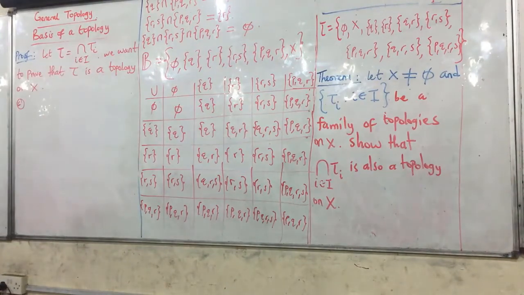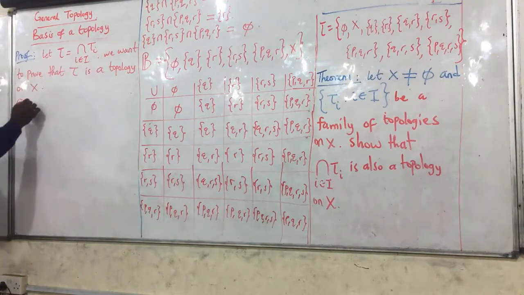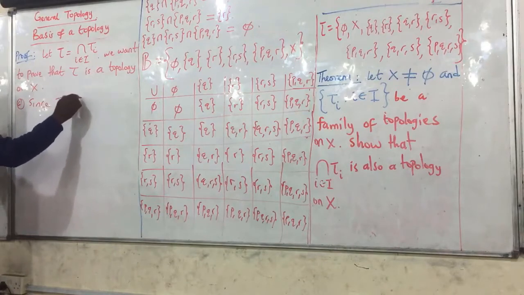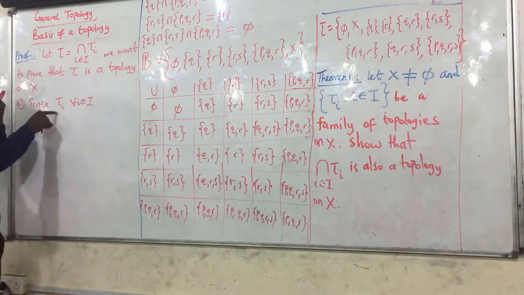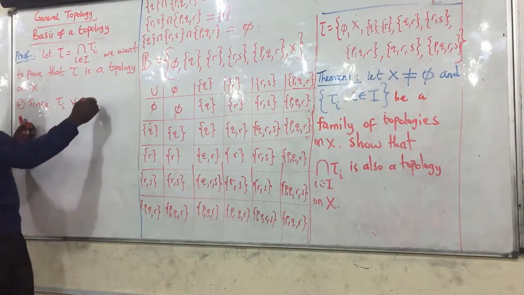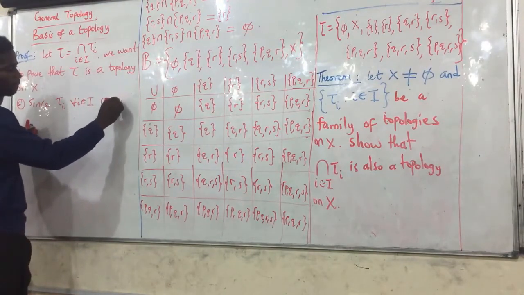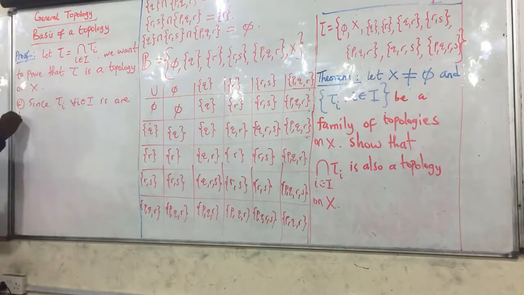Now, since all the Ti for all i are topologies, what does that mean?